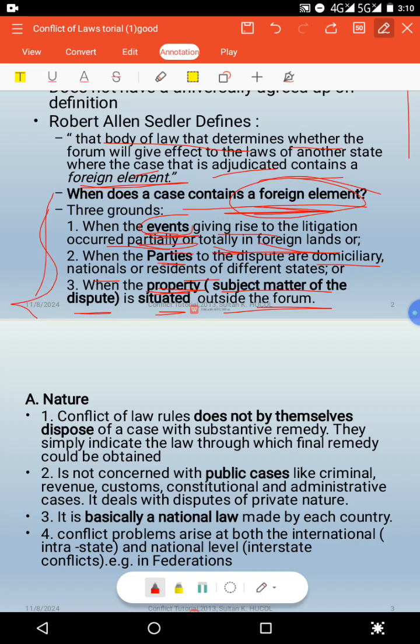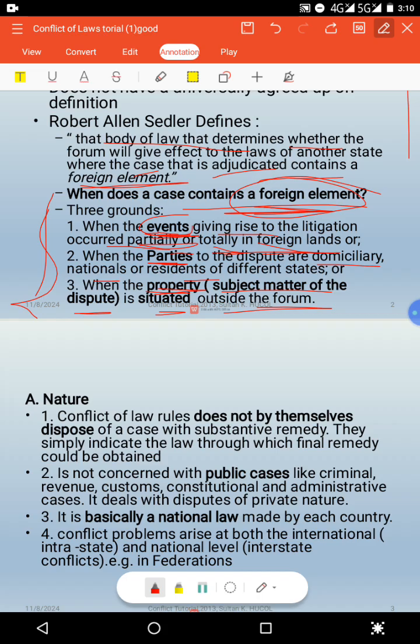So the three grounds are: the first is that the event occurred in foreign lands; the second is that the parties to the dispute are different nationals; and the third is that the property or subject matter of the dispute is outside of the forum.